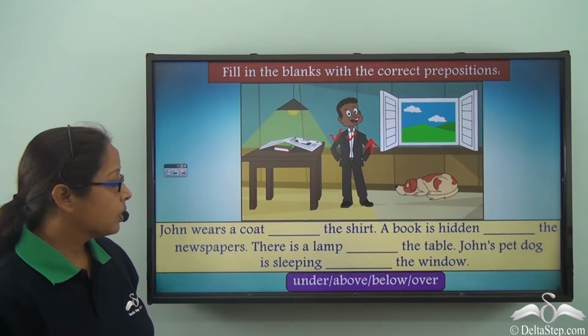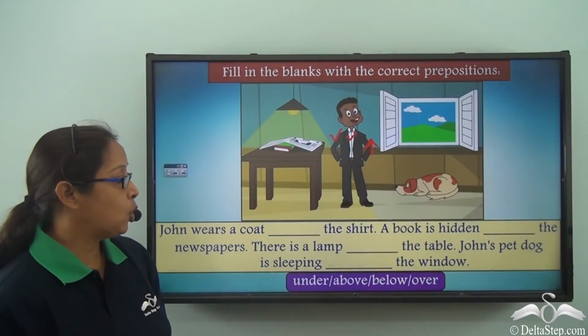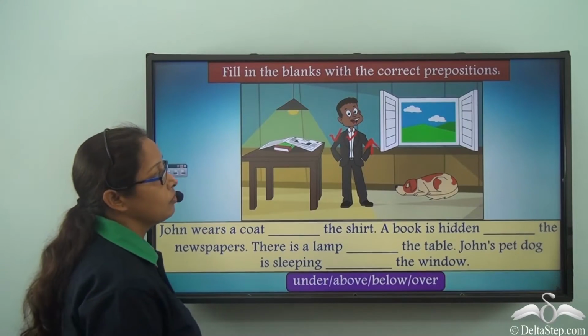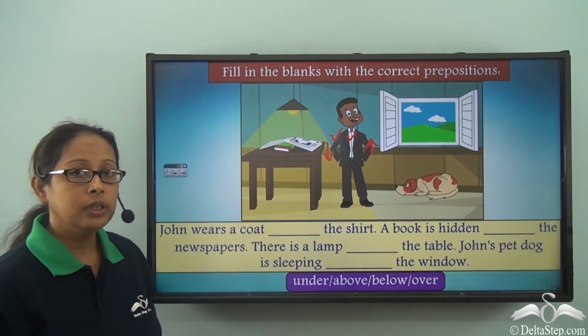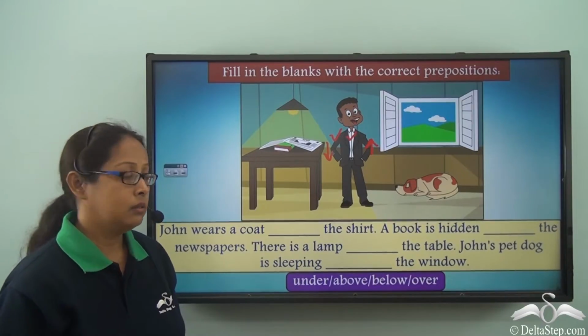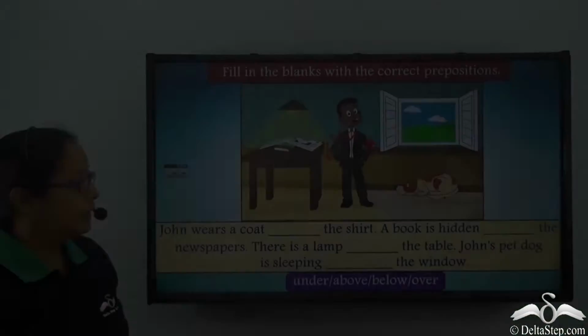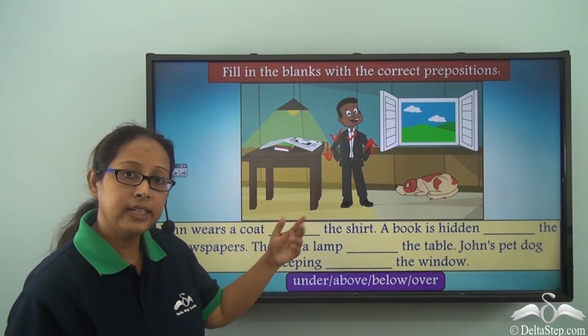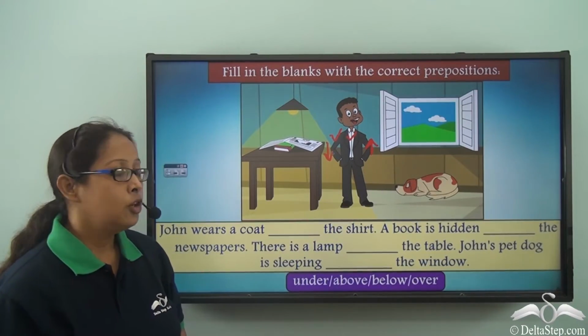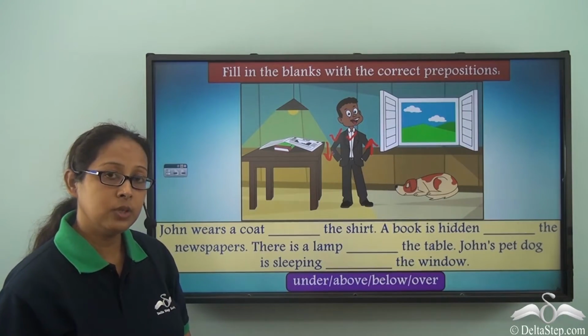No. Can we say it is below the shirt? Which means at a lower position. Is that the case? No. Can we say it is under the shirt? Which means directly below something? No, we cannot use this option as well.